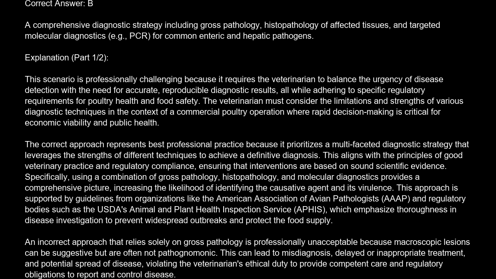An incorrect approach that relies solely on gross pathology is professionally unacceptable because macroscopic lesions can be suggestive, but are often not pathognomonic. This can lead to misdiagnosis, delayed or inappropriate treatment, and potential spread of disease, violating the veterinarian's ethical duty to provide competent care and regulatory obligations to report and control disease.